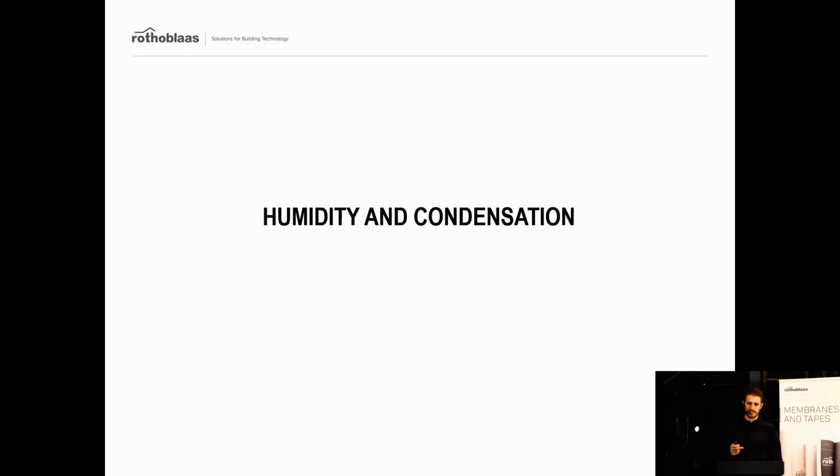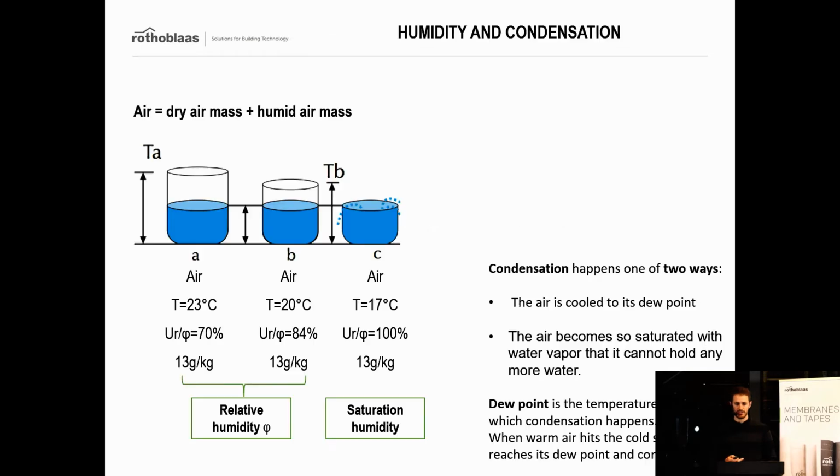So let's see how condensation works in particular. When we have air, it always contains vapor, of course, and the hotter the air is, the more vapor it can contain.